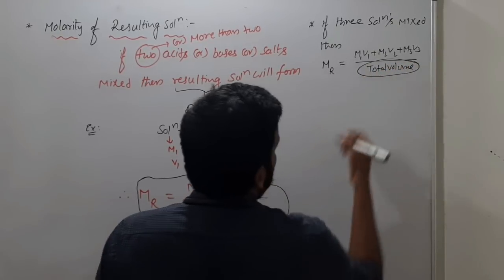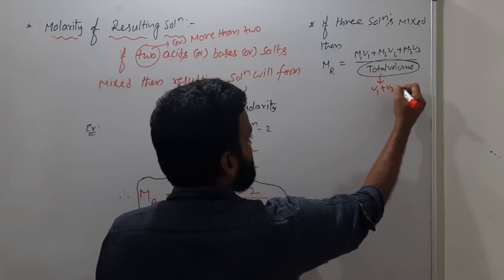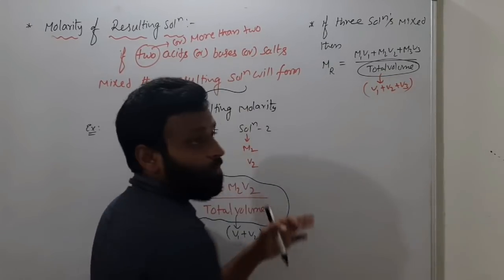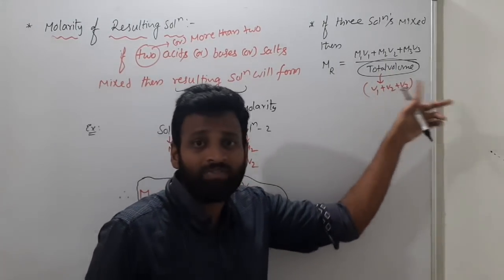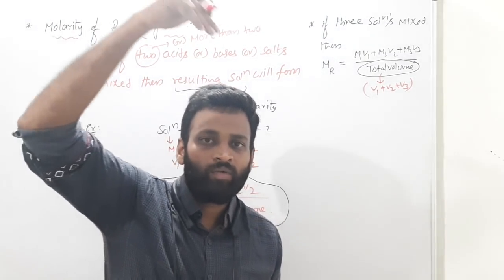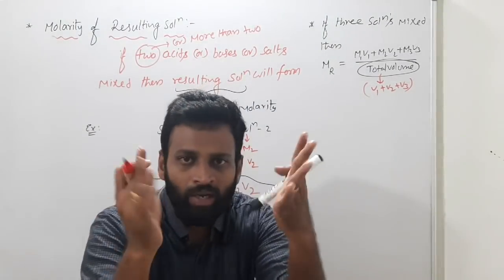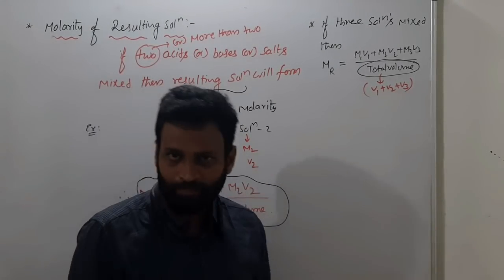The total volume can be V1 plus V2 plus V3, and you can take it as that if it is not mentioned that excess solvent was added. If there is no excess solvent, certainly you can take V1 plus V2 plus V3.